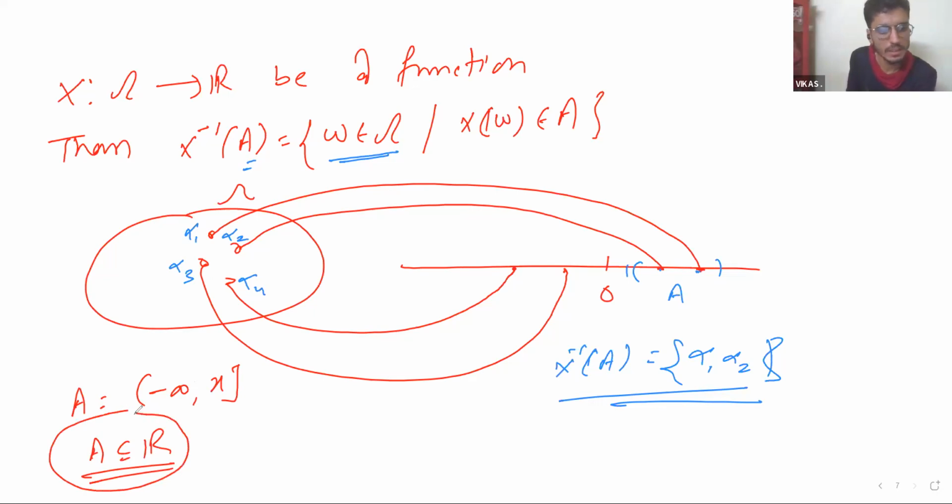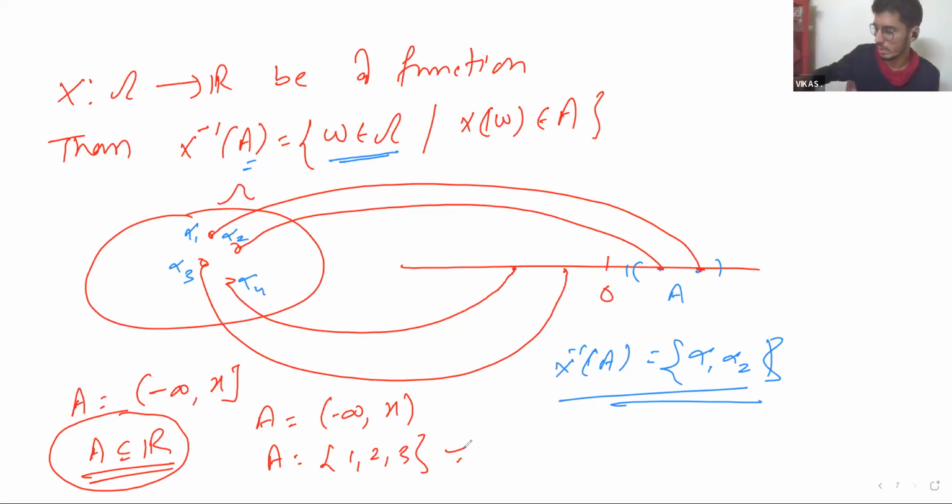So it can be minus infinity to x open, or it can be a discrete set like 1, 2, 3. It's just a subset of the real line.